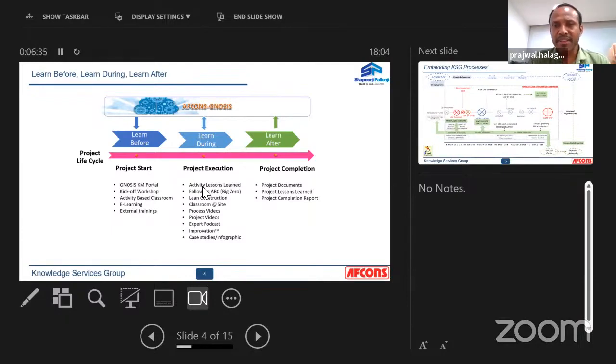Once the activity is at 60% completion, we have lessons learned on that activity. And once the project is at around 80% completion, we have lessons learned for the entire project as well as preparation of the project completion report.